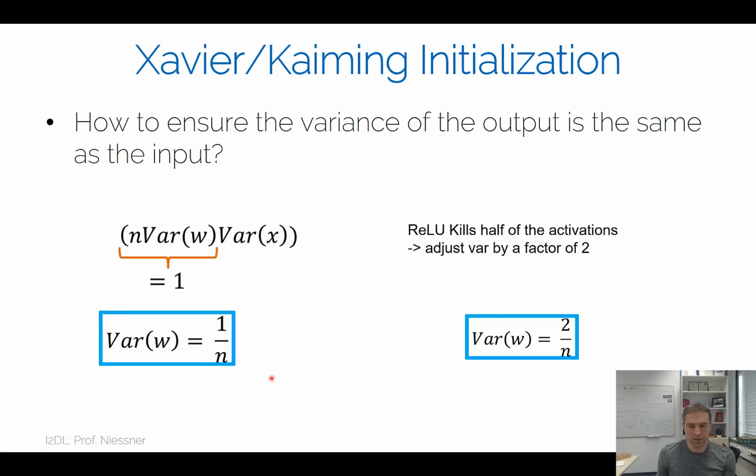Depending on how many neurons we have in a certain layer, the variance is set accordingly. We have it zero-centered, and the weights are drawn from a Gaussian distribution with a variance of 1 over n. This 1 over n, however, has the issue that if we're using ReLUs, then the activations are being cut in half. So we have to compensate by a factor of 2, which is essentially what the Kaiming initialization does. It sets the variance from which we're drawing our weights initially to 2 over n. And this is being used all over the place right now, and it's pretty much the standard.